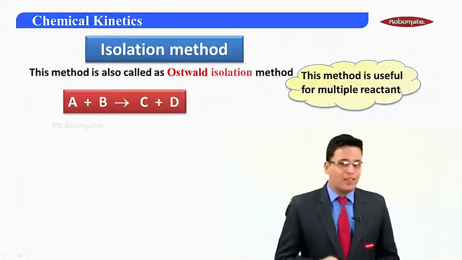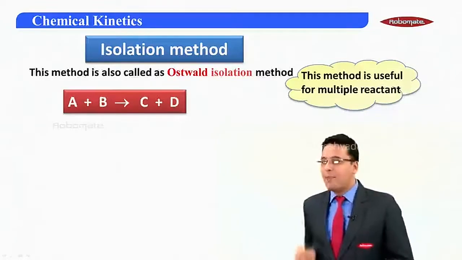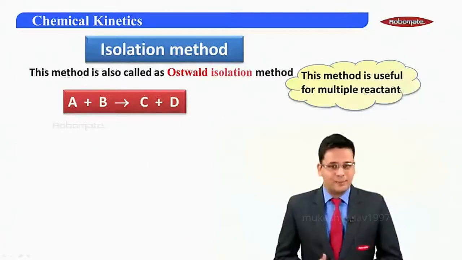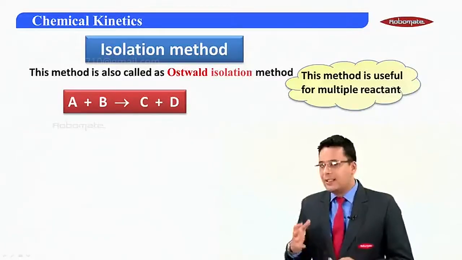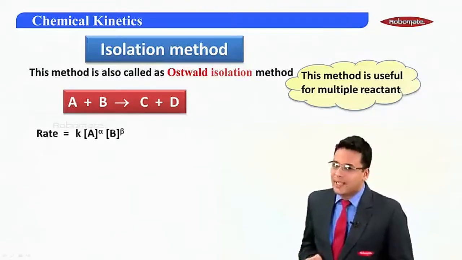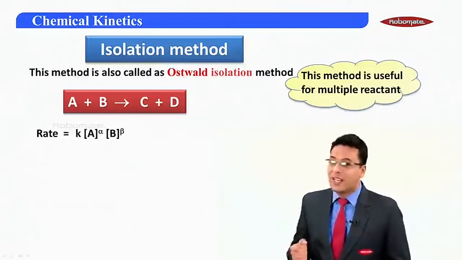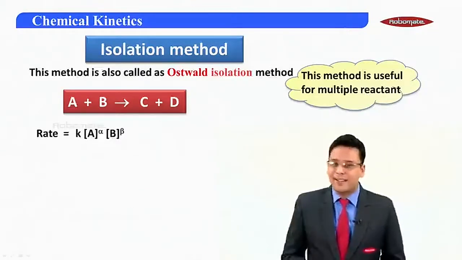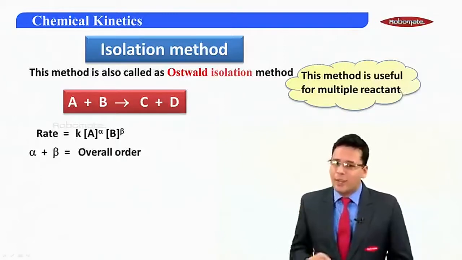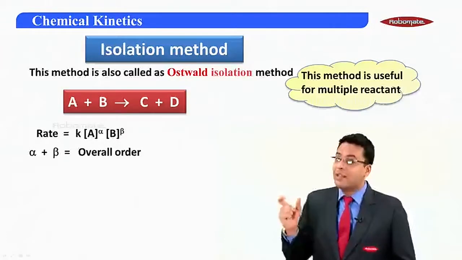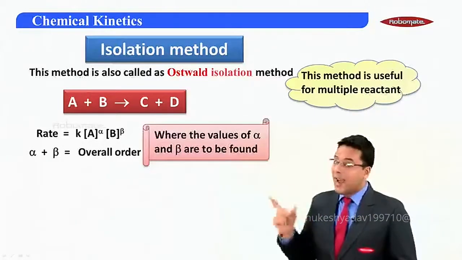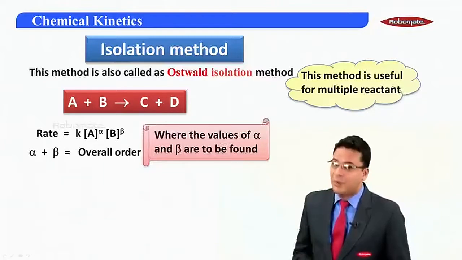So I want you to consider this reaction, A plus B giving C plus D. Now here, for this reaction, the rate law can be written as rate is equal to K into concentration of A raised to alpha into concentration of B raised to beta. How many times have we done this? Now, what you need to understand is alpha plus beta is the overall order of the reaction. For that, alpha and beta have to be found.